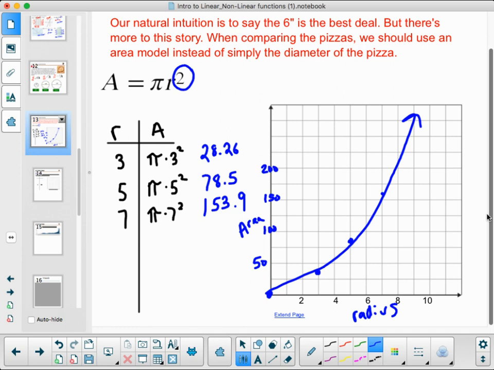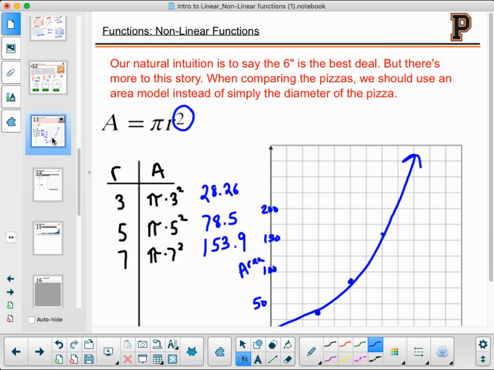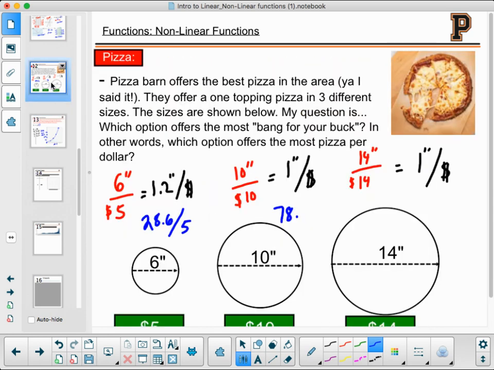Now, when we take this back to the original question and examine the per dollar part of it, remember those numbers. This is 28.26 square inches per $5. This one is 78.5 per $10.